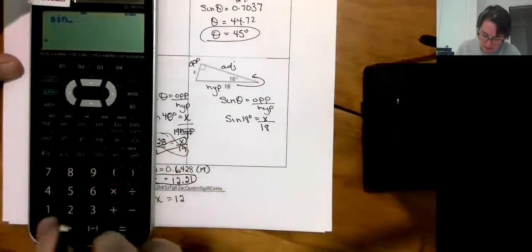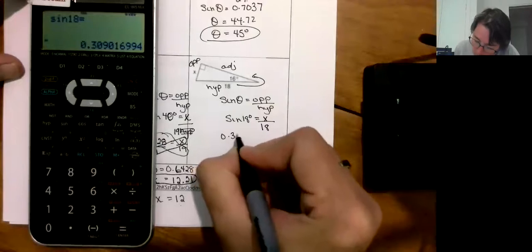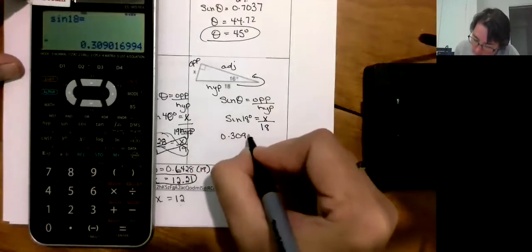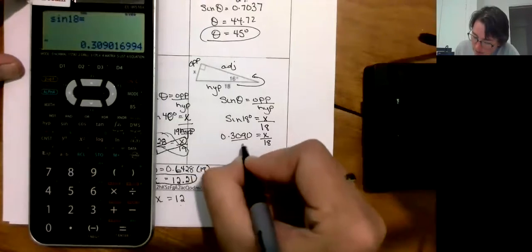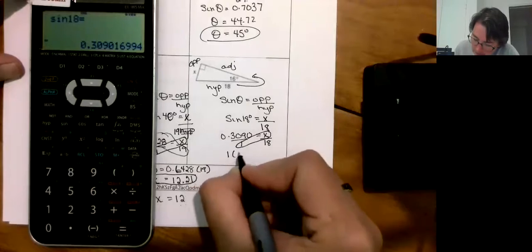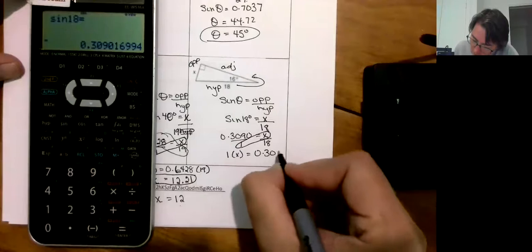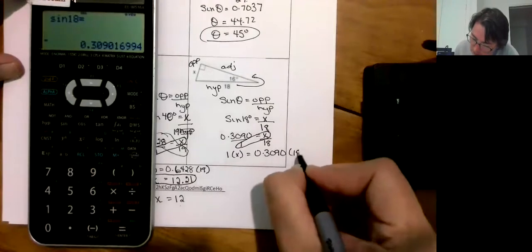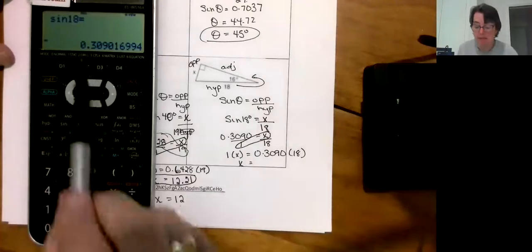So sine 18, 0.3090. And then we're going to cross multiply. 1 times x is equal to 0.3090 times 18. And again, I'm going to be lazy. It's already on my calculator.